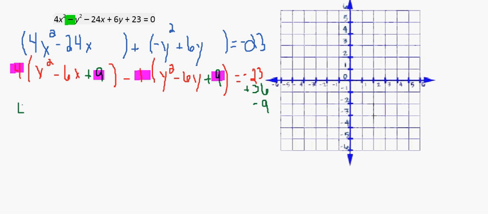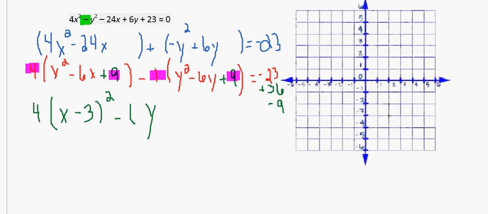So what I'm left with is 4 times x minus 3 squared minus, you don't necessarily have to have that minus 1 there, y squared, I'm sorry, y minus 3 squared equals 4.